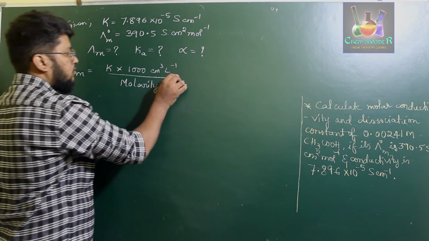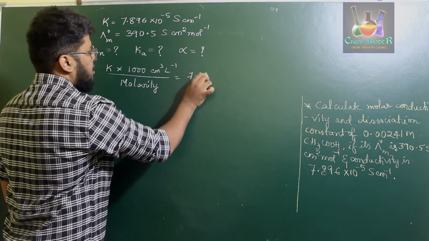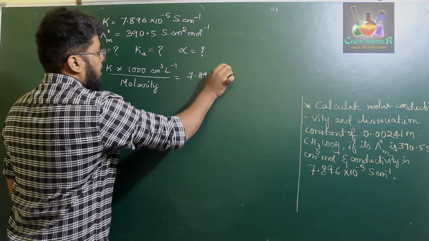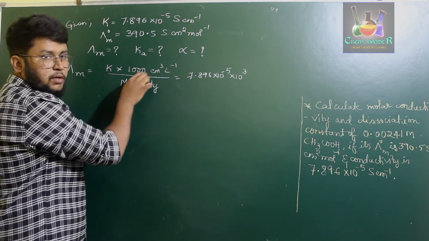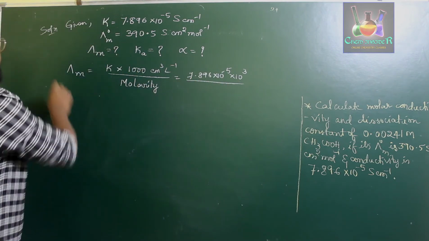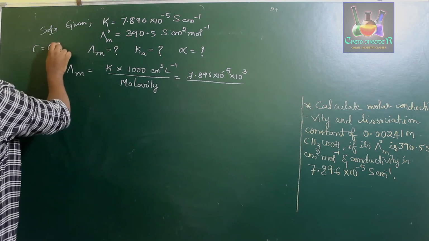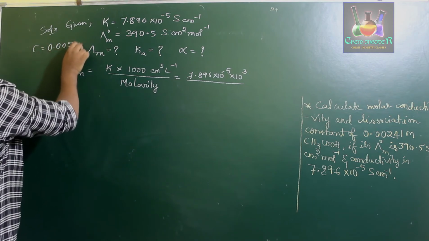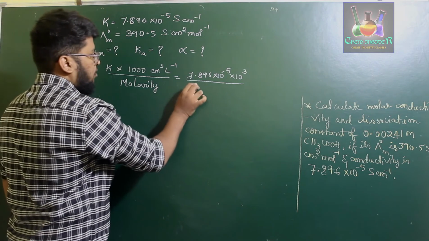So kappa is 7.896 into 10 power minus 5, into 10 power 3, that is 1000, divided by the concentration C, which is 0.00241 molar.